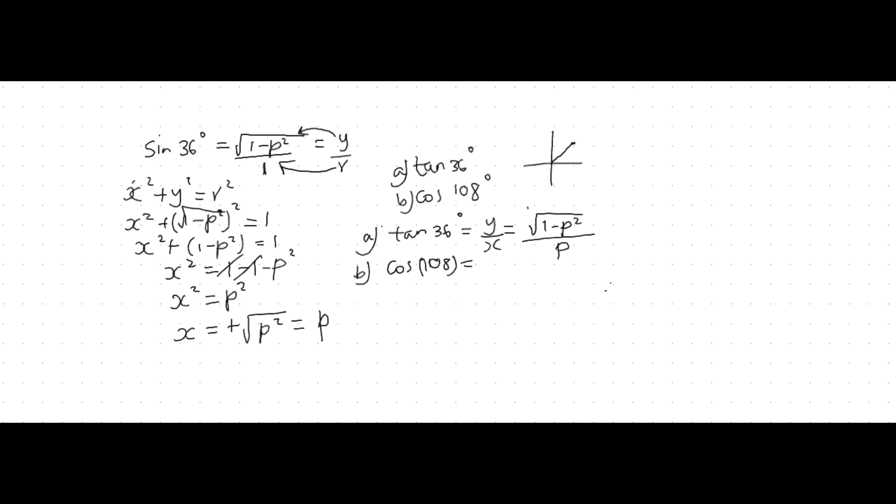So what I can do is use the reduction: 180 minus 72 degrees is equal to the same thing. I need to include the ratio cos.